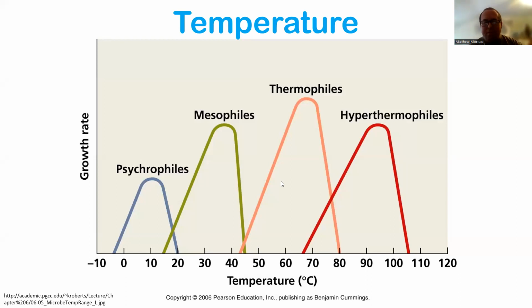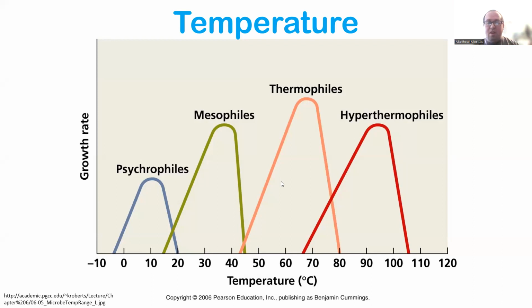So as much as oxygen is involved in the creation of ATP, the next set of things have to do with this concept of optimal growth rate, which is conditions in which the enzymes inside of a bacteria, so all the enzymes collectively, work at their highest efficiency. Therefore, the growth rate is at its peak.